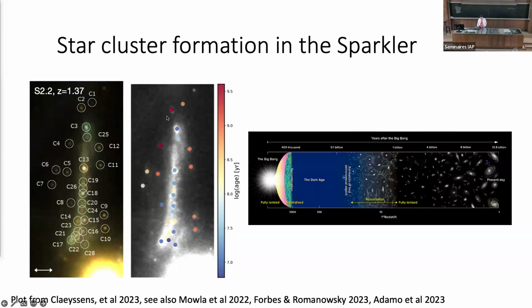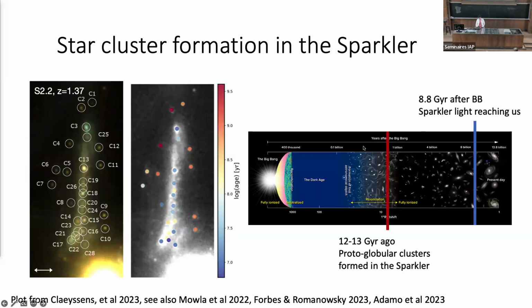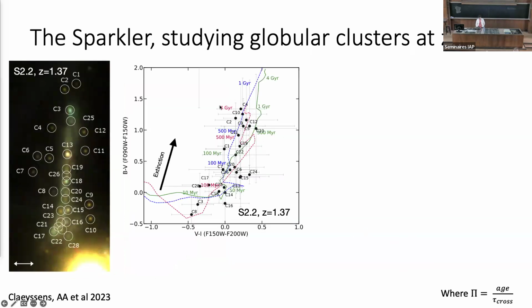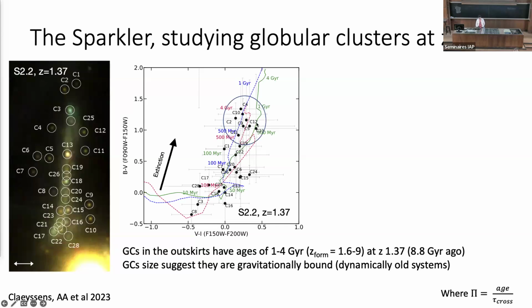Some of these globular clusters seem to have been forming in a much earlier universe, around redshift 9 or higher. If we look at where the clumps were sitting, especially this cloud, this is the very old globular cluster. Depending on which model you use to fit them, they could be metal-rich and young, or metal-poor and old.